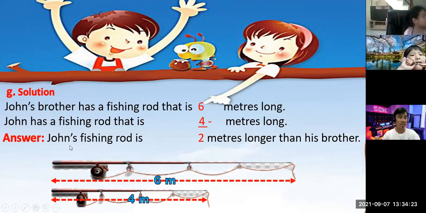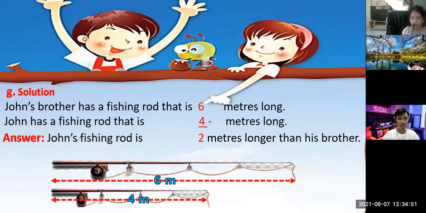John's fishing rod is only 4 meters, right? And his brother has a fishing rod that is 6 meters long, right? So the answer here must be John's brother, not John's fishing rod. This John's brother fishing rod is 2 meters longer.